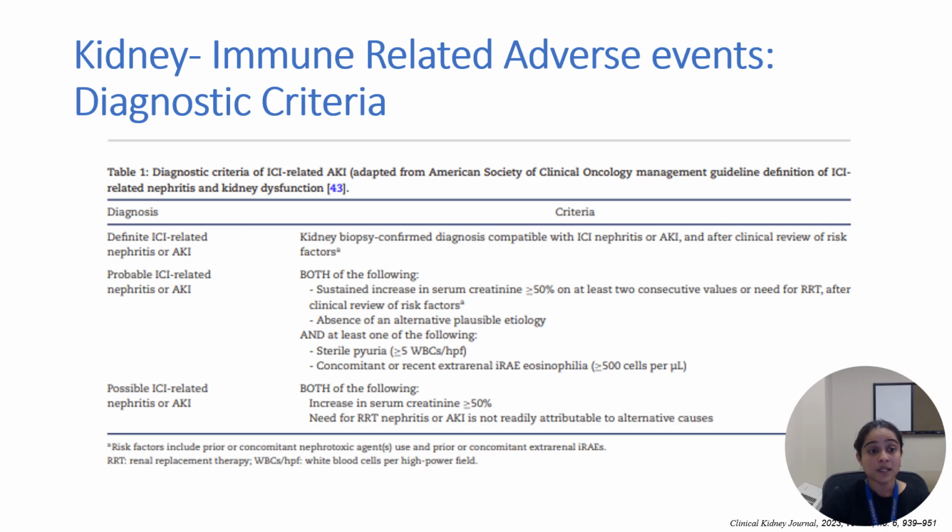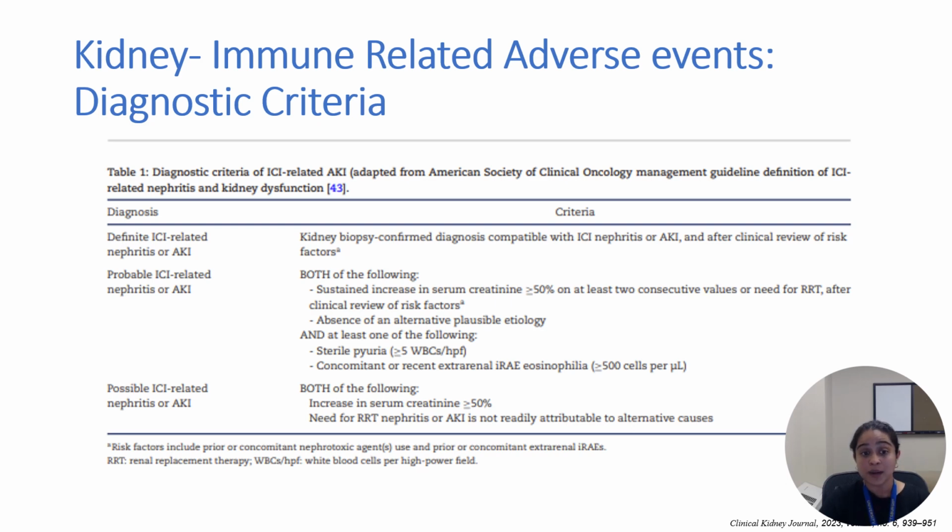The probable diagnosis of checkpoint inhibitor-related nephritis or AKI can be made in the presence of an increase in serum creatinine on at least 2 occasions, or the need for renal replacement therapy after clinical risks are reviewed, and the absence of any alternative pathology.